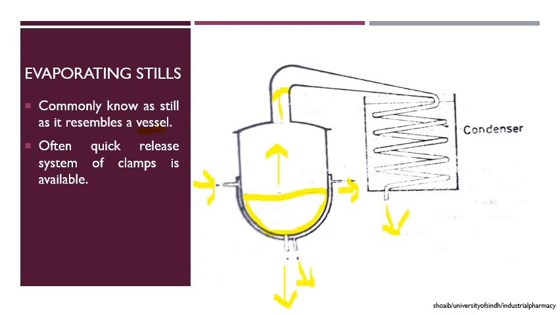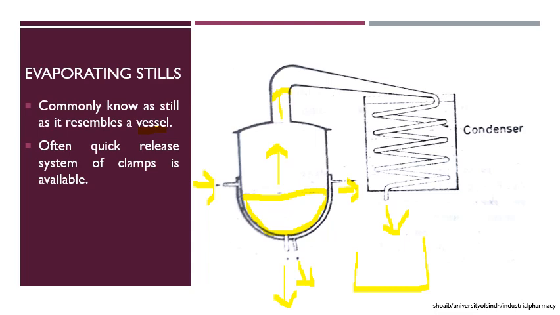For those types of substances, we may use evaporating stills. Here the evaporating solvent will be collected through the condenser into a separate container, which will provide a much cheaper process or much cheaper product.